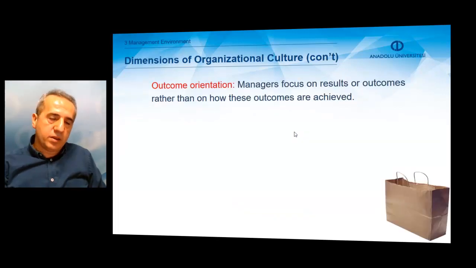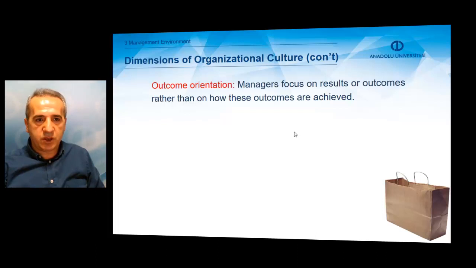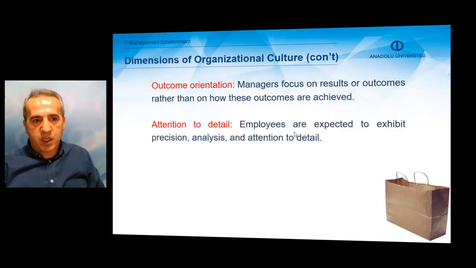There are very different types of dimensions of any given organizational culture. Some of the cultures are outcome oriented, so we can call them outcome orientation cultures. Managers here focus on results or outcomes rather than on how these outcomes are achieved. The second type of organizational culture is attention to detail.